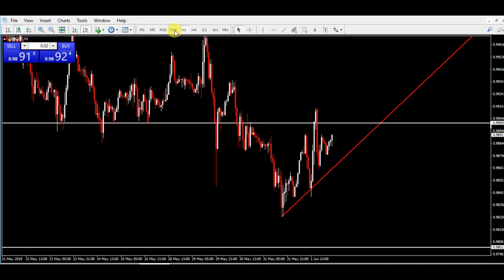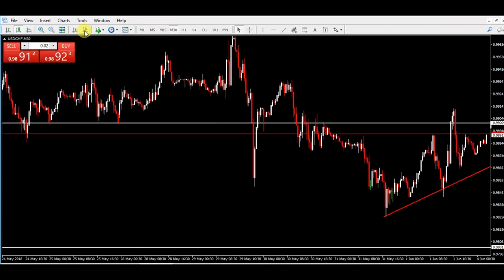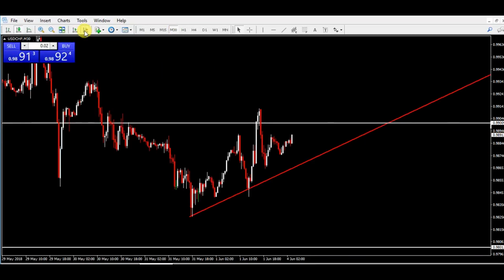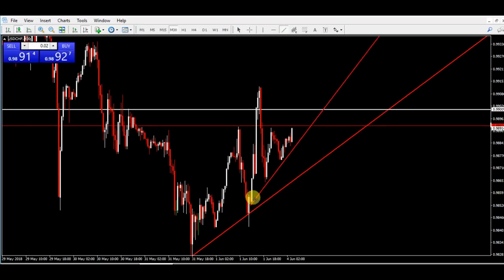Okay, so now 30-minute. We literally worked our way down from the monthly all the way down to the 30-minute. So we've got our outer trend line, we've got our inner trend line, because you may say, I have the patience, I can wait for this thing to drop, but I want to get in at a higher price, a better price to short this thing.